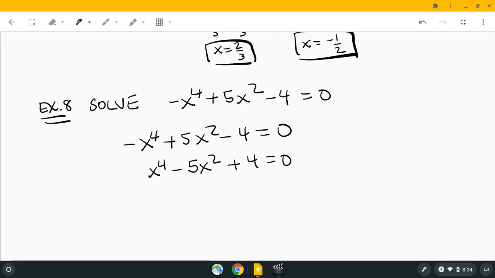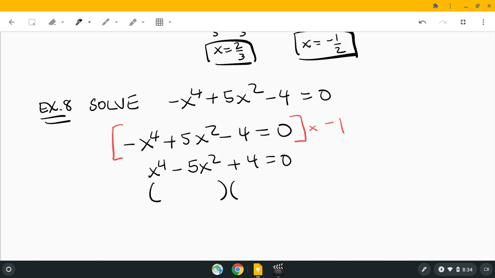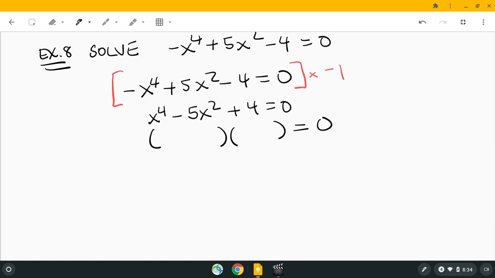All I did here was multiply the entire equation by negative 1, changing everybody's sign.